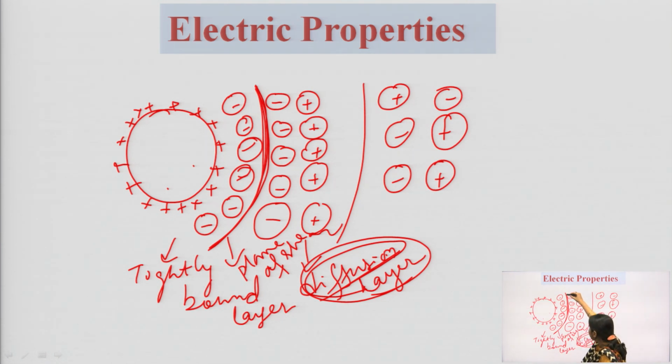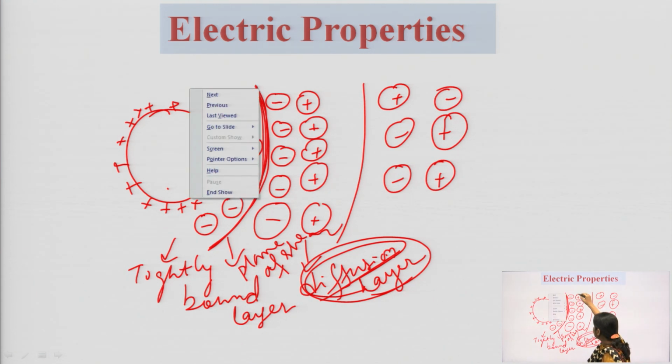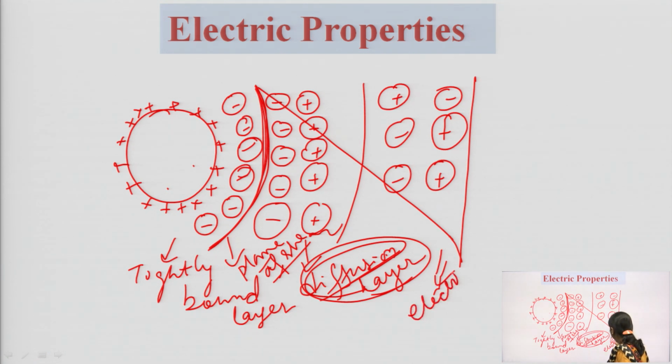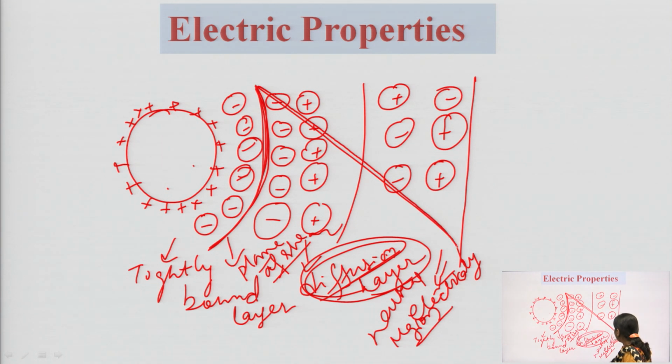So, the potential difference is measured between your plane of shear and the electrically neutral region, and this will give you your zeta potential.